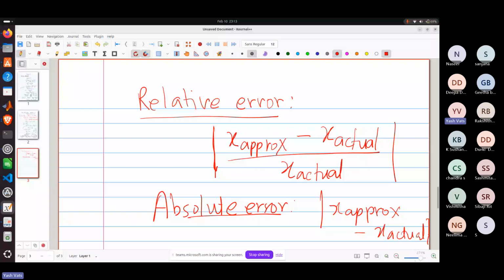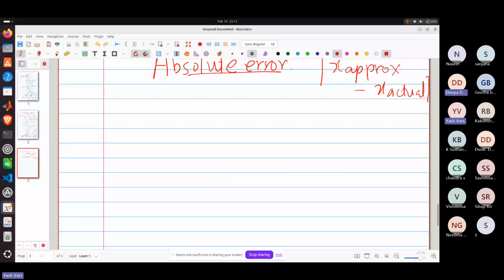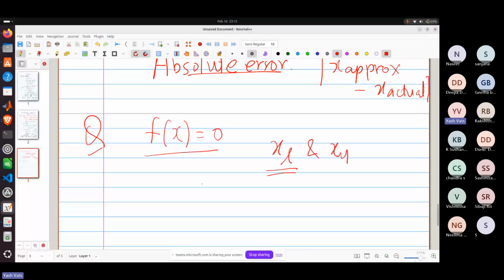Okay, so I just write a question. If you have an equation f(x) equals 0, and xl and xu are given as an interval, you start with xl, the lower limit, and xu, the upper limit.